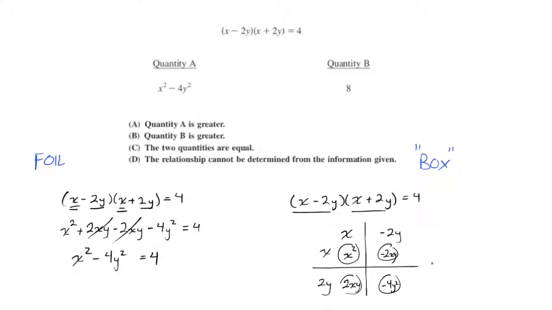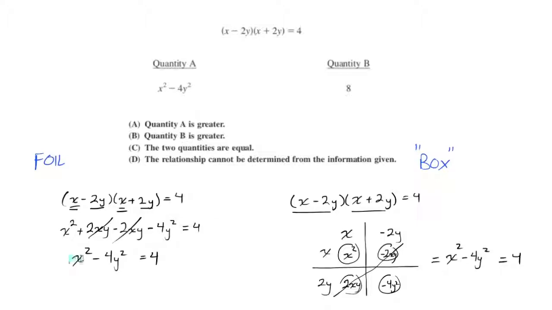Now what you write is the sum of all of these cells that you just made. What you can tell from here, though, is that when you add the 2xy and the negative 2xy, again, those will cancel out, okay? So those cancel out, and what's going to be left is x squared and a negative 4y squared, or x squared plus negative 4y squared, and that this is equal to 4.